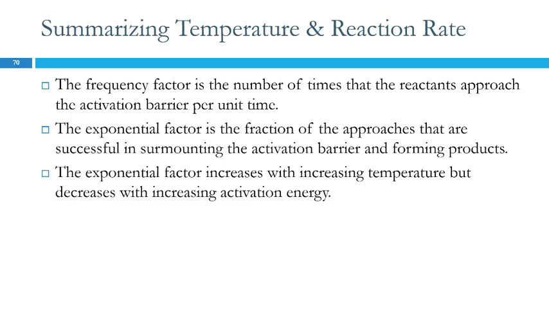Well, then the factor is 0.05. If 50 are successful, then 50 out of 100 would be 0.5. So the exponential factor is going to be between 0 and 1. The exponential factor depends on temperature. It will increase with increasing temperature, but it will decrease with increasing activation energy.